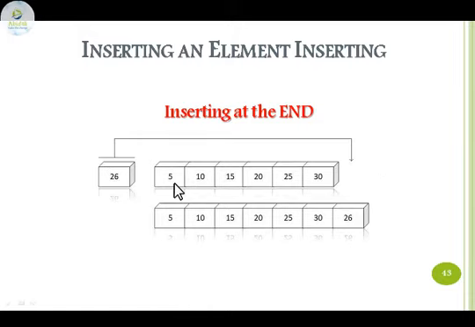Here the existing values are 5, 10, 15, 20, 25 and also 30. A new value needs to be added at the end of the array, that is 26. It can be directly added at the end without shifting the lower elements, because the last box is a vacant one, which implies there is sufficient memory to accommodate this element in the array.